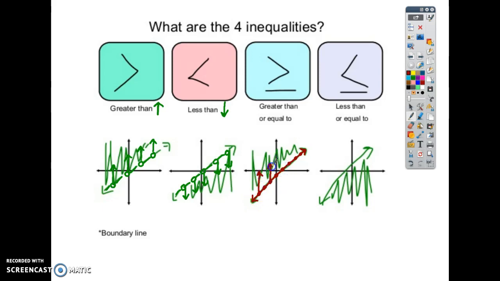And anything in the shaded area, those are solutions. Same thing over here, solid line, those are solutions, and shaded area, those are solutions. These are shaded below because they are less than. This is a less than symbol. This is shaded above because it's a greater than symbol. Okay? So those are examples.